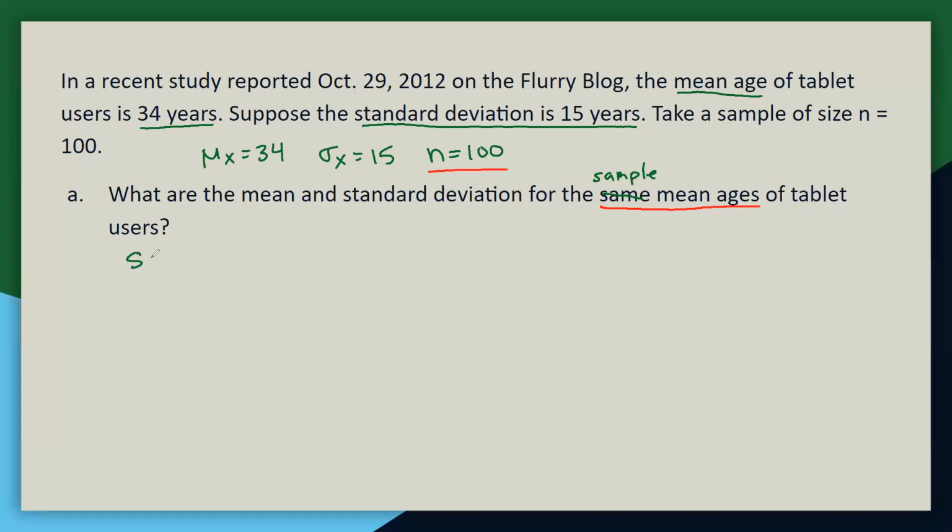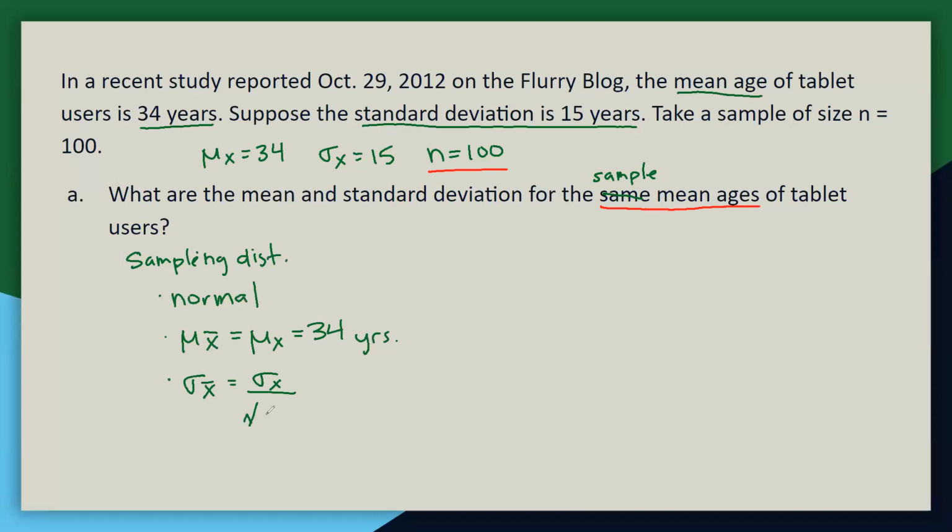So for a sampling distribution, we know 3 things. We know it should be normally distributed. We know the mean for the sampling distribution is equal to the mean of the raw data, so that's going to be 34 years. And then we know the standard deviation for the sampling distribution is the standard deviation of the raw data divided by the square root of the sample size.